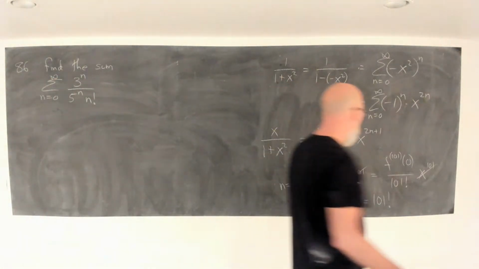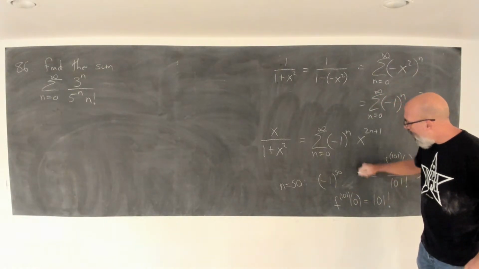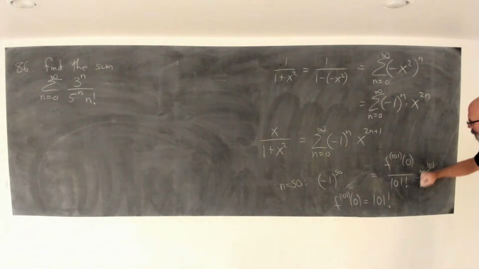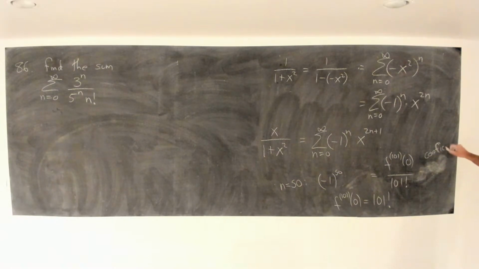I'm saying, normally you wouldn't even have the x to the 101 here. I just threw it in for convenience to illustrate what's happening, but these are the coefficients of x to the 101.